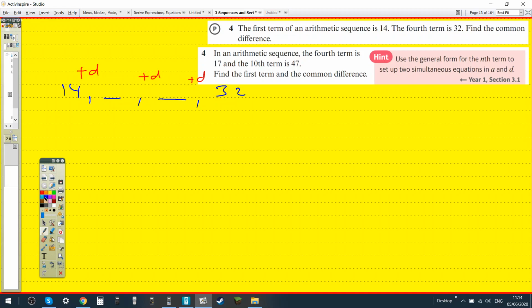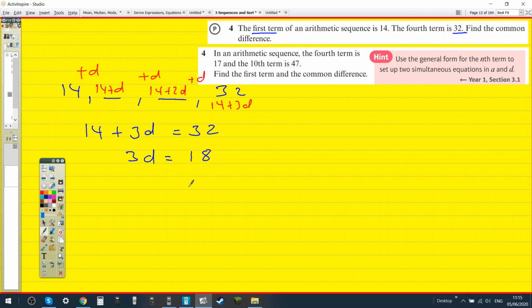So this is going to be 14 plus D. What will be the next one? 14 plus 2D. And so what about 32? 14 plus 3D. That means 14 plus 3 times the common difference gives you 32, so 3D is equal to 18. So it's divided by 3 because we don't include the first term: second, third, fourth.